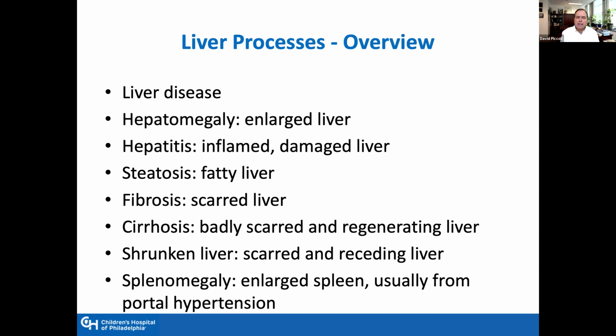Cirrhosis is badly scarred and rearranged and regenerating. A shrunken liver is sometimes scarred and receding. And splenomegaly is the word for an enlarged spleen that usually, but not always, is from portal hypertension. So commonly your doctor will use these words and fly right by them.